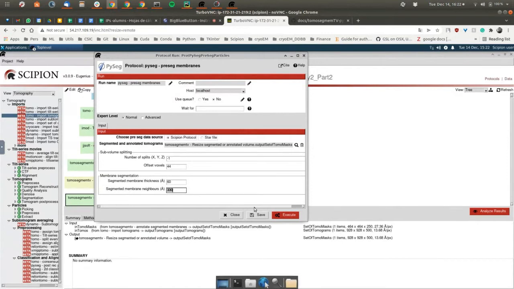And this is how this value is more or less determined. Once again, if after the execution of the protocol you see that your outer surroundings have been cropped, you can go back, increase this value, and then re-execute. So with these parameters, we're going to execute this.